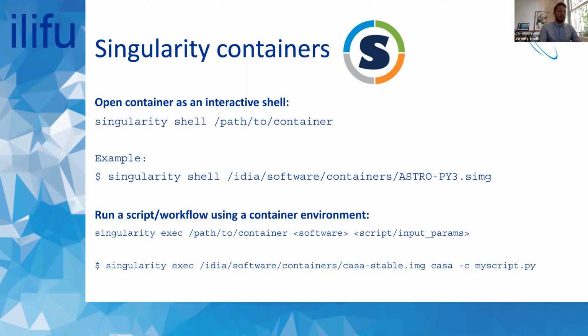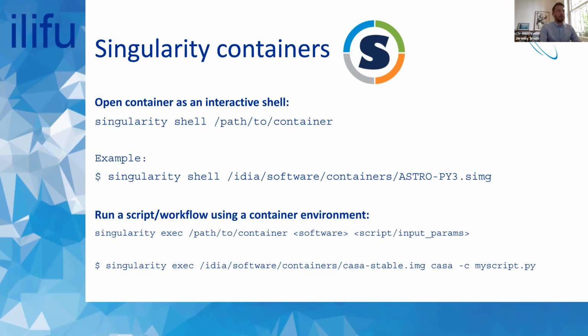That would place you inside the container on the command line, and you can interact with software that exists inside the container. As an example, the Astro Pi 3 container is quite frequently used for astronomy software. It is a monolithic, large container with a large amount of different astronomy software. An example command would be singularity shell and then the path to that specific container. Then you could run Python or run a script with software inside that container.